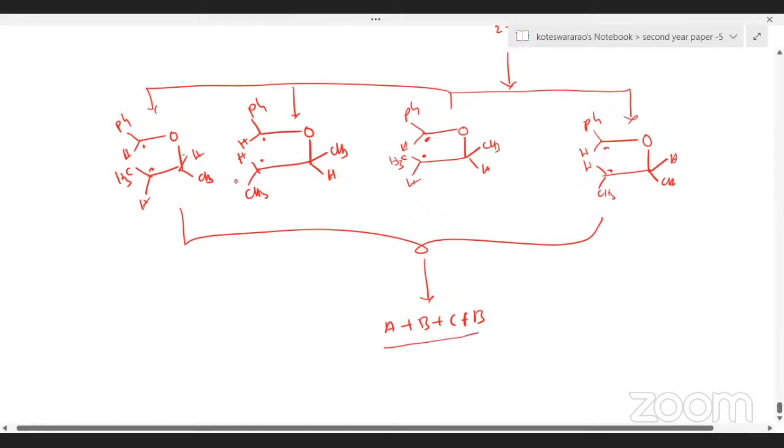Or if you take the trans isomer only, trans-2-butene treated with benzaldehyde, even then these four products are generated. The reason is that whatever intermediate is generated in the reaction undergoes bond rotation and spin inversion.